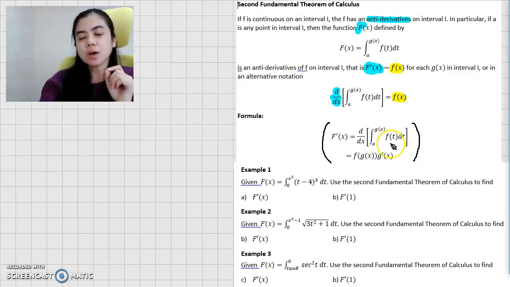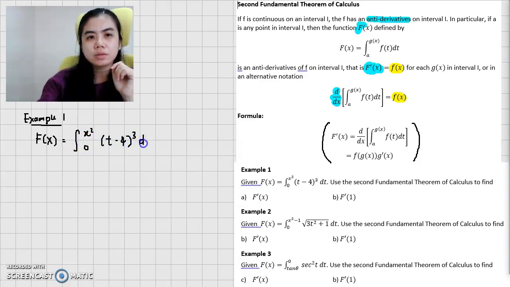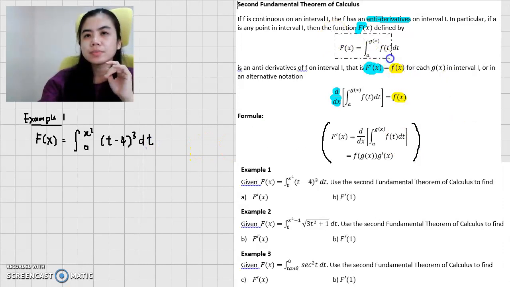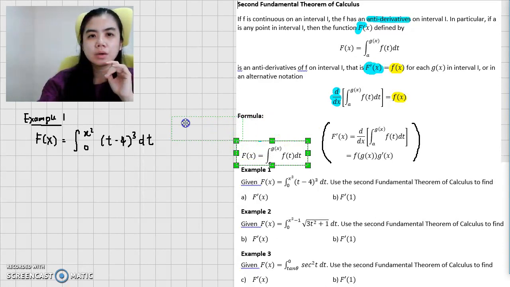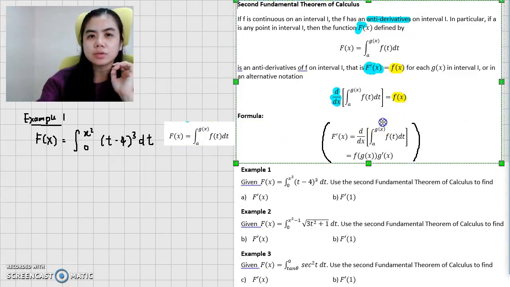Okay, let's just look at our example 1, and compare it with this general form of the theorem.